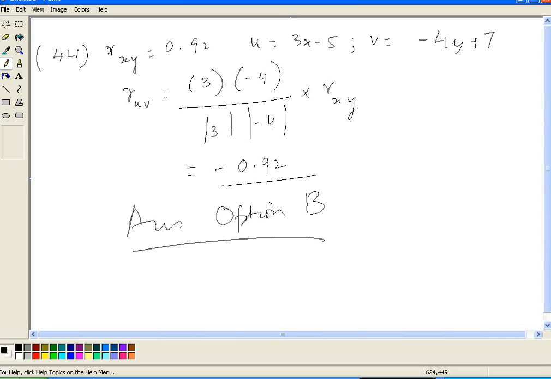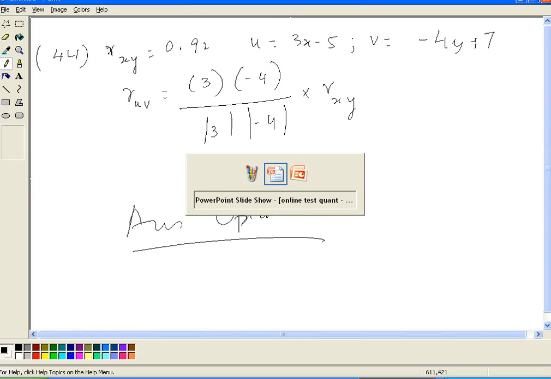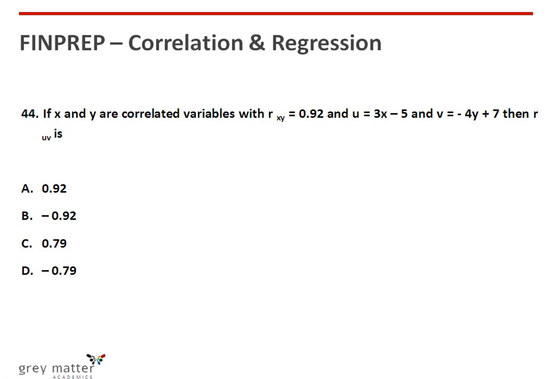So the answer is option B. Going back to our PowerPoint presentation, it is option B, which says minus 0.92.